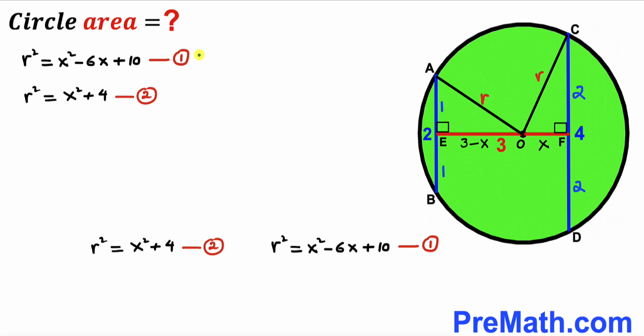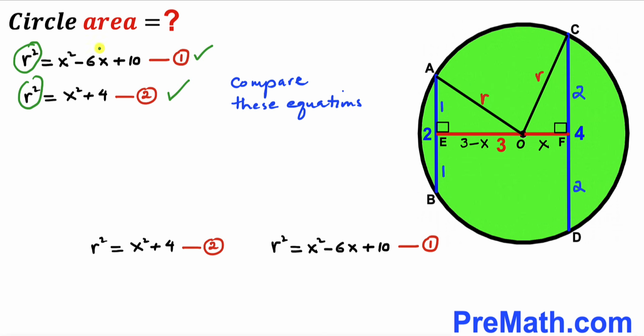So we end up with this system of two equations. Now we are going to compare these two equations. We know the left hand sides are identical, so we can equate the right hand sides as well. We could write x square plus 4 equals x square minus 6x plus 10. Now we see x square and x square are gone from both sides.